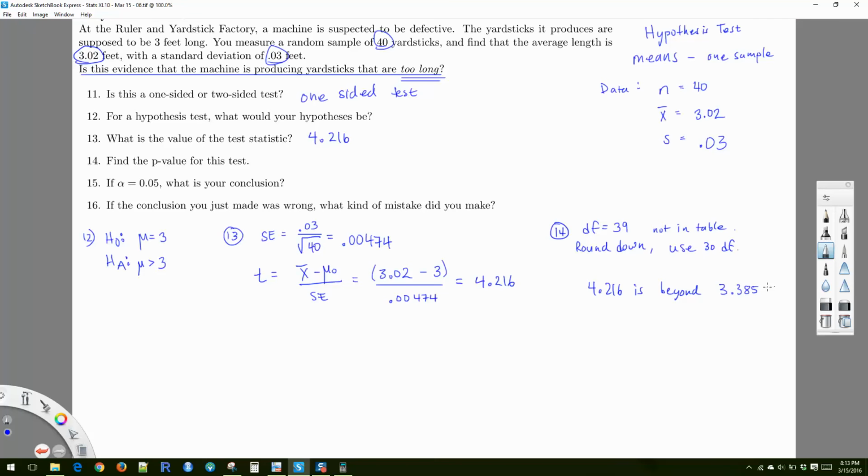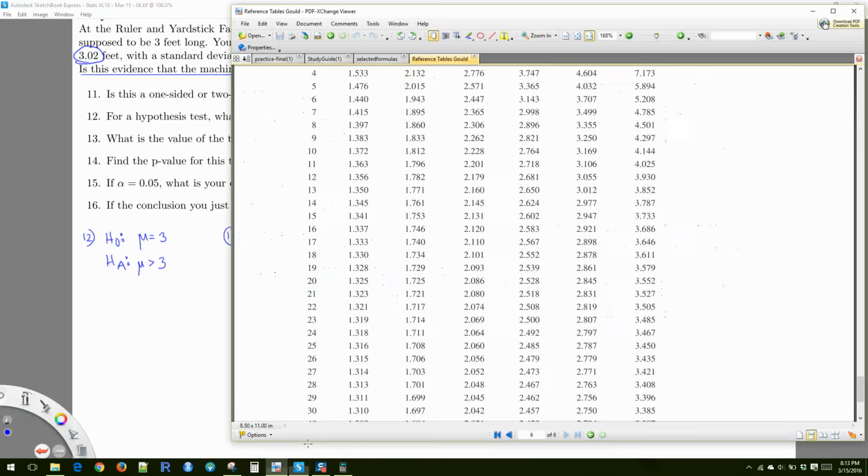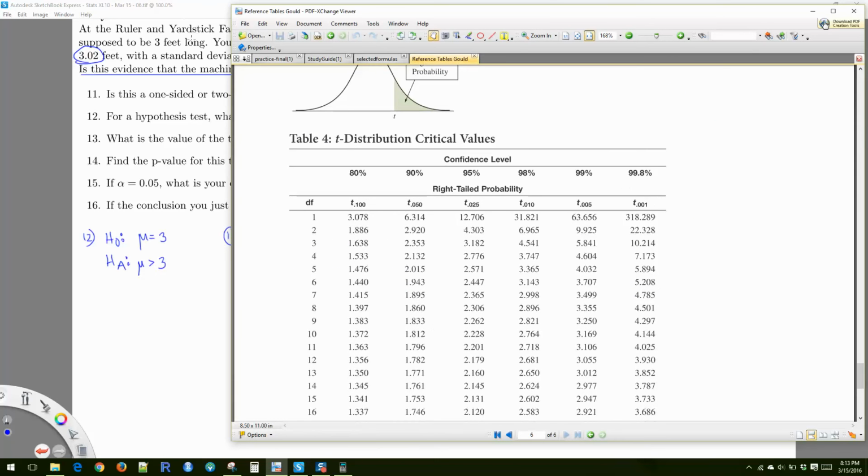Okay, so what does this tell us? Yeah, so this means our tail area is going to be less than our column heading of 0.001.